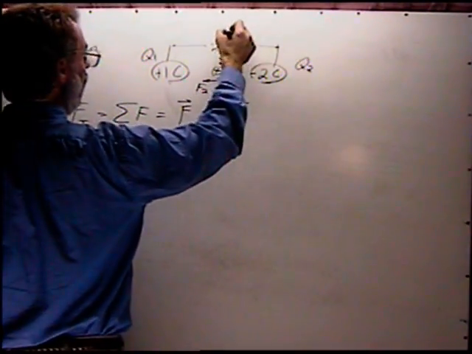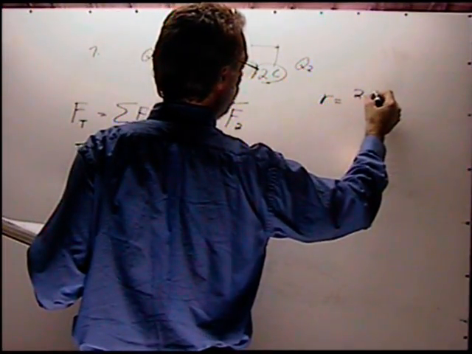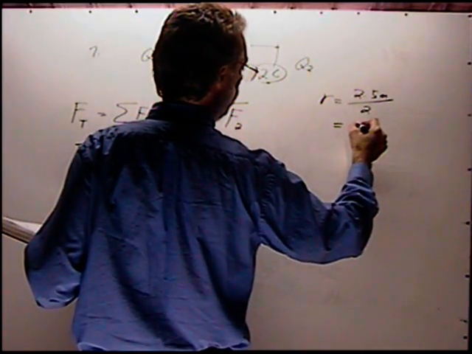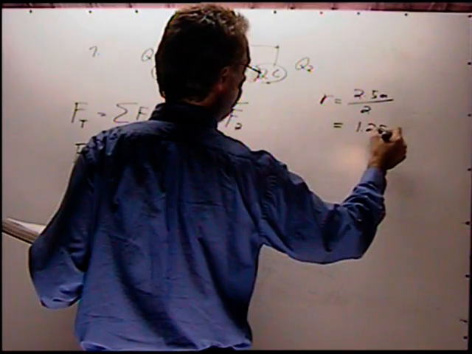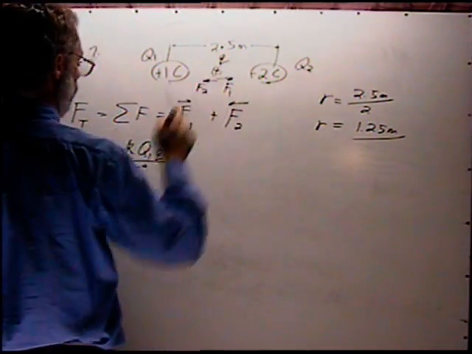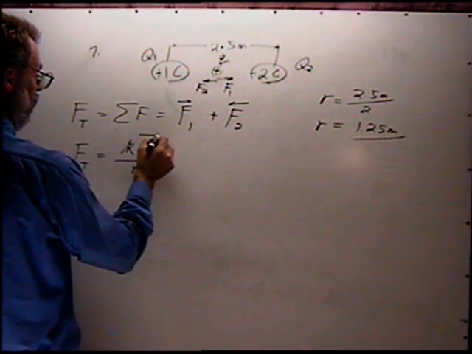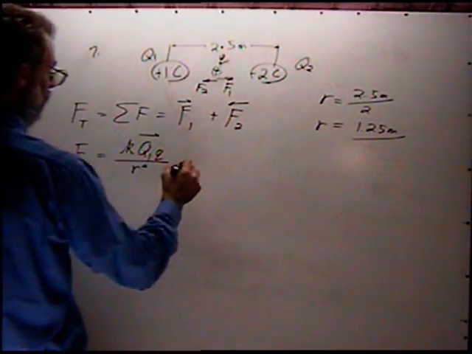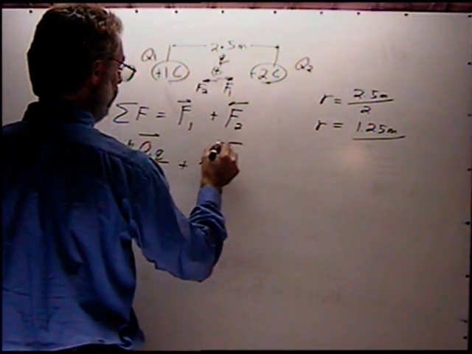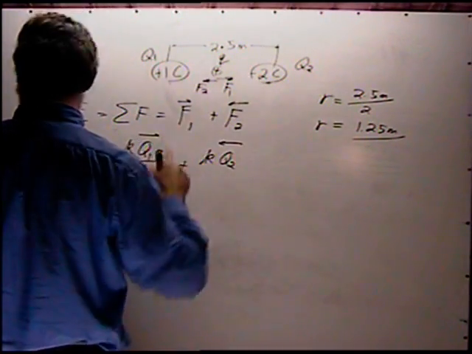Now this, I'm going to let R be 2.5 meters divided by 2, which is 1.25 meters. So that's R. It's simply half the distance from here to here. So this is the force going to the right, and I add to that the force to the left. Notice Q2 is larger.